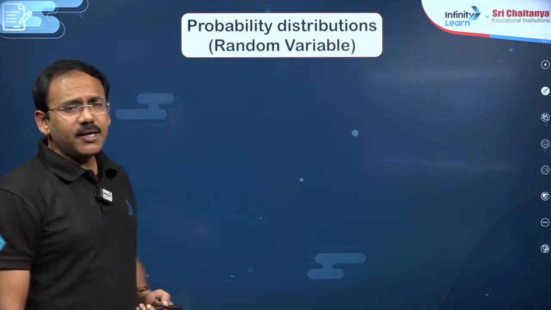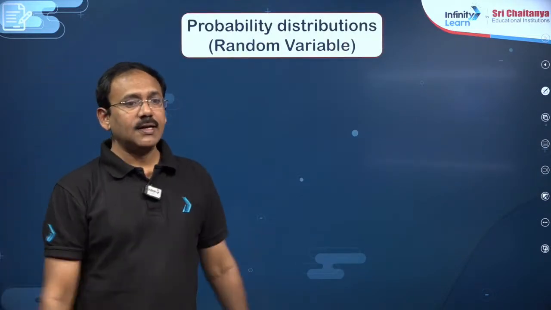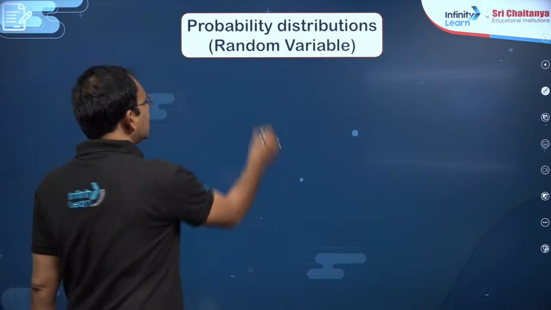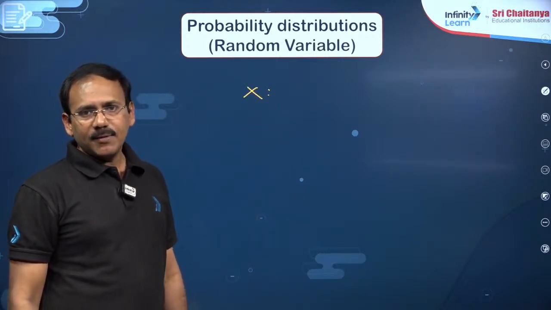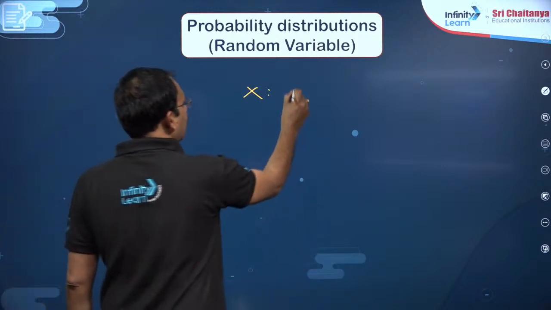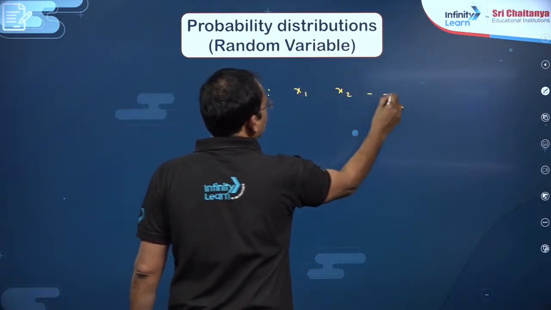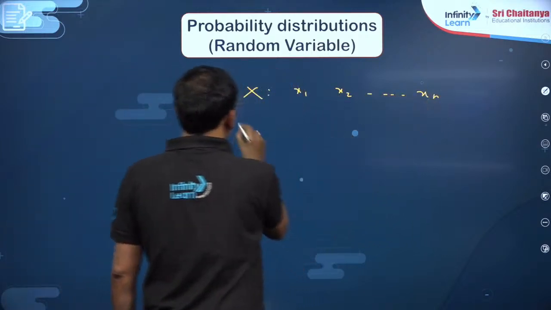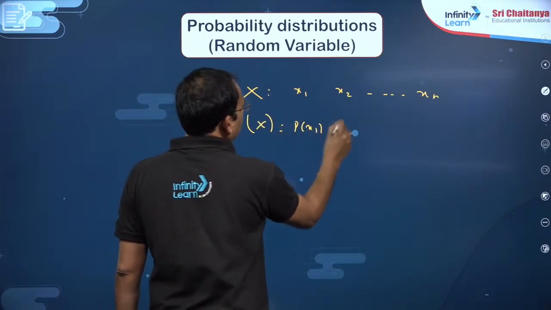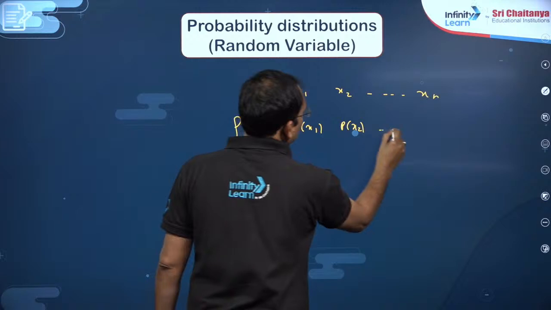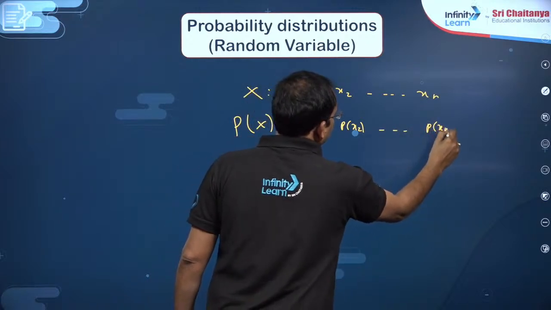Next, so probability distribution or random variable. Here, my dear friends, there will be some variable x, and it will have certain possibilities x1, x2 and so on xn, whose probabilities will be like p of x1, p of x2 and so on p of xn.